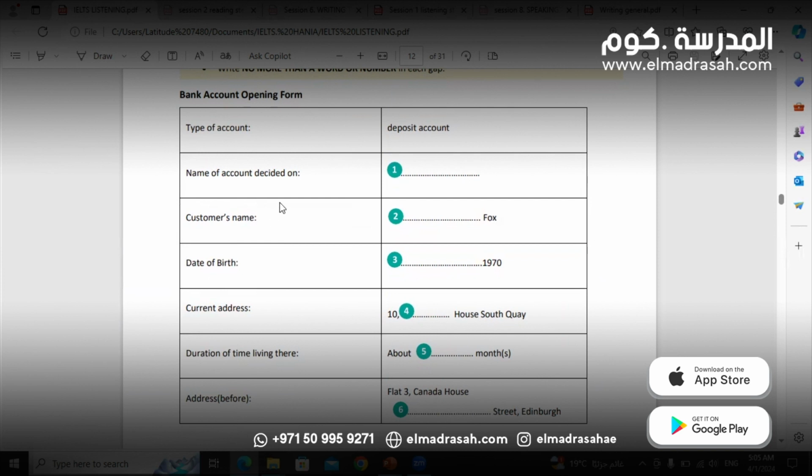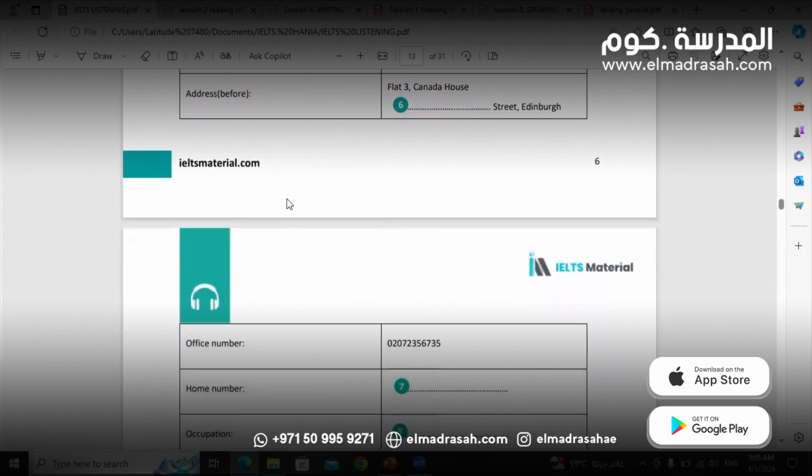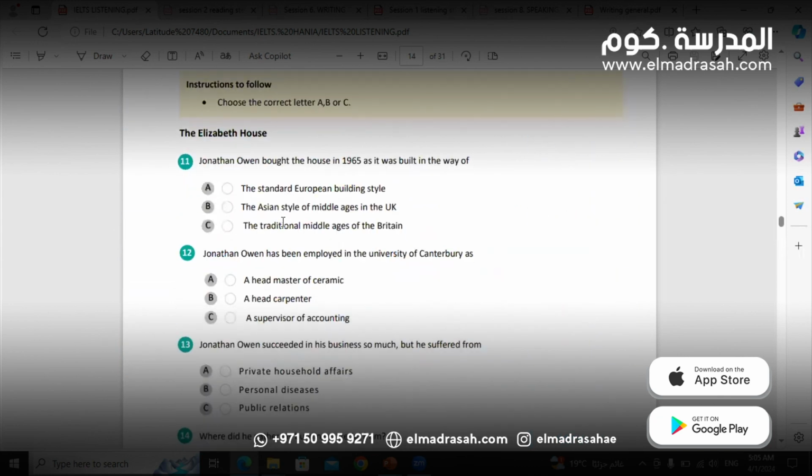So this is the listening part, and it's divided into 4 sections, as we said before. This is a form of this question. The other form or technique is multiple choice questions. You will hear a conversation between 2 or 3 persons, and before hearing this conversation, you should have a look at these questions and have some keywords from each question.